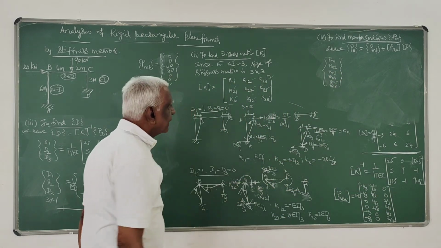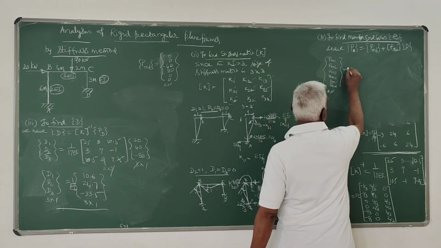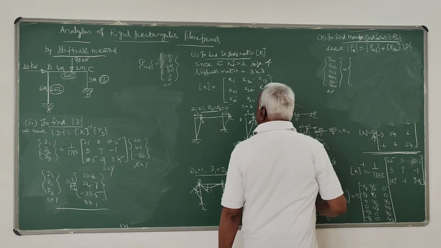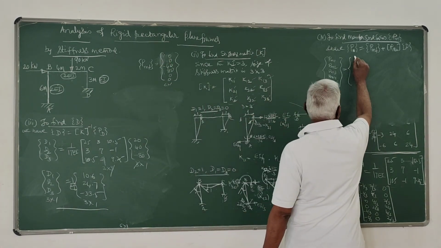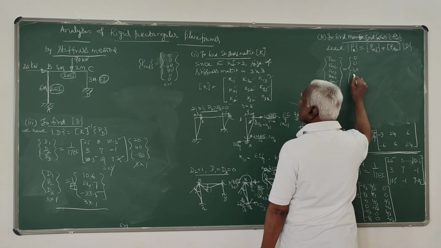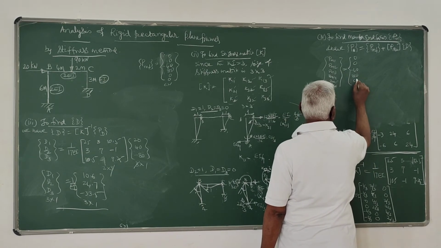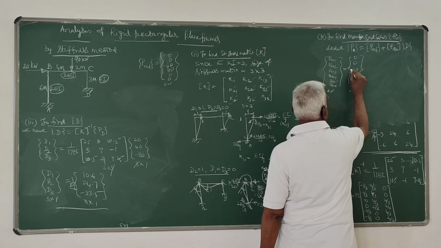That's the member end moments, which is a 6 by 1 matrix, which is nothing but PMS. PMS has been generated here. You take that 0, 0, minus 40, then 80, 0, 0. This is 6 by 1.